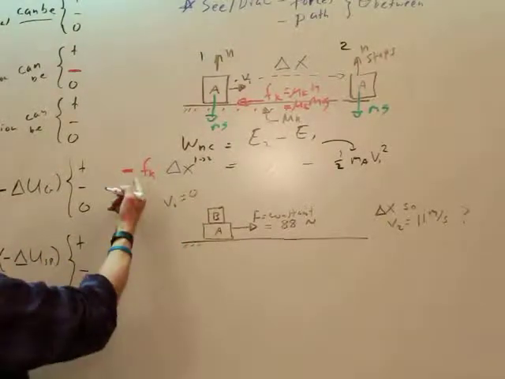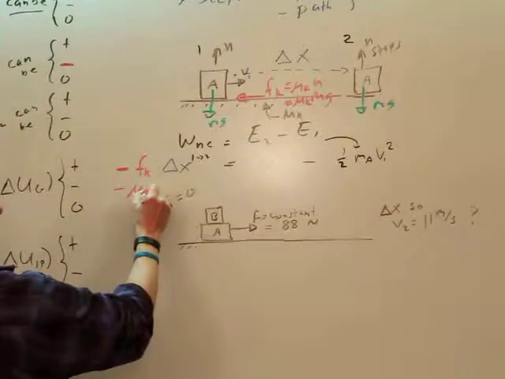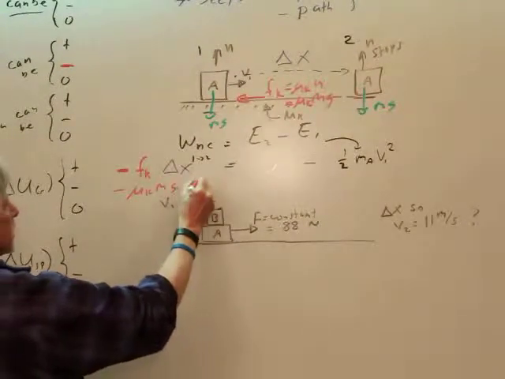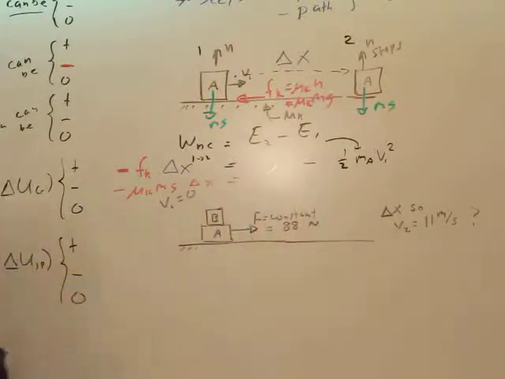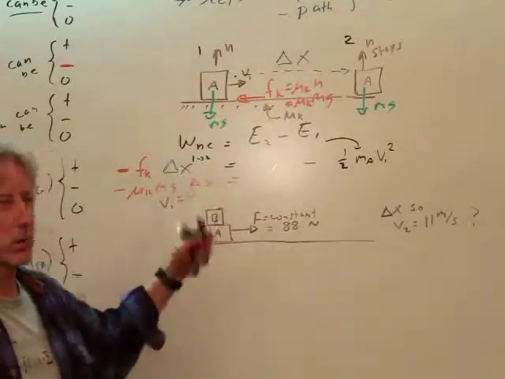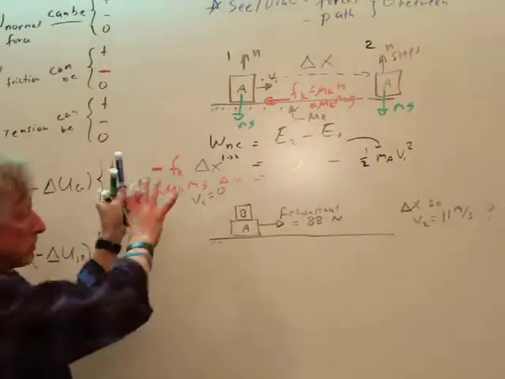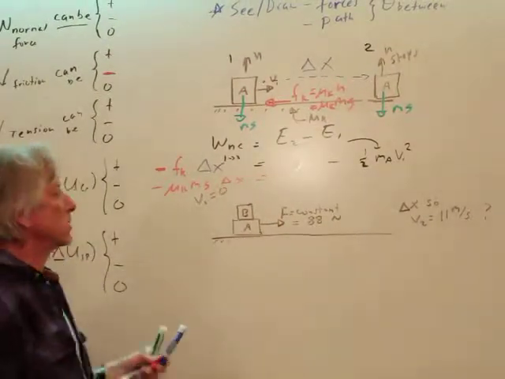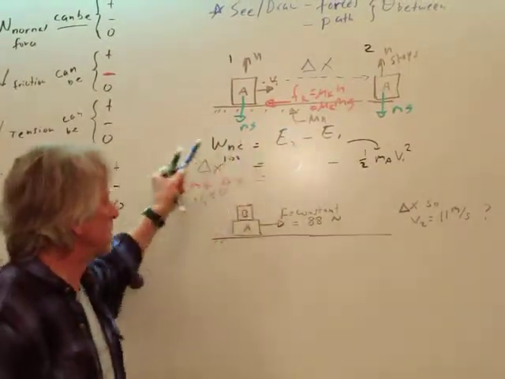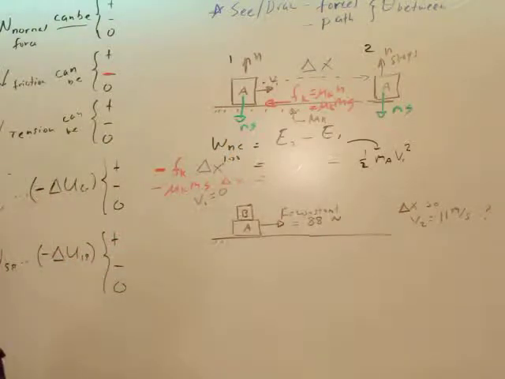And then in place of friction, I can go negative mu k mg delta x is equal, and then I can solve for whatever I want. So you simply fill in the details. All right, cool. So that's one case, but every case can be different. So you just take a look at each thing and see what you've got.